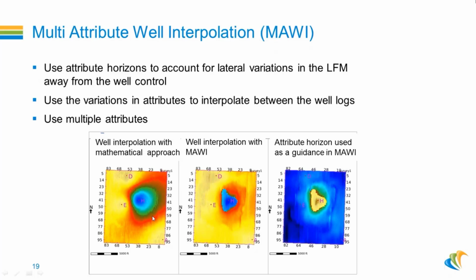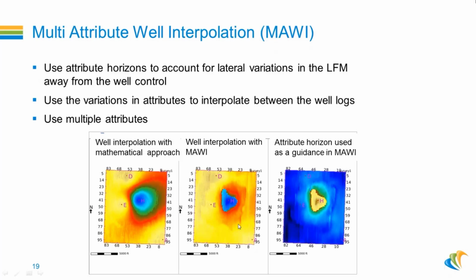The first one is where we've used the regular Earth model, and you can clearly see that the bullseyes are local around the control points, and they don't look very geological because you're using distance criteria to decide on the values of the model.